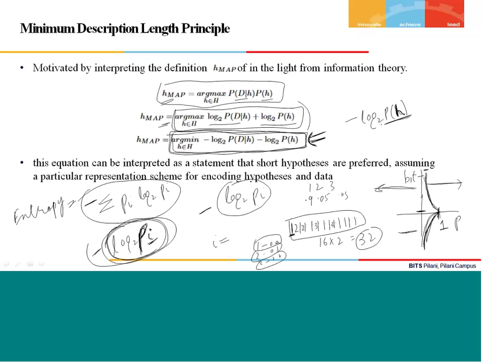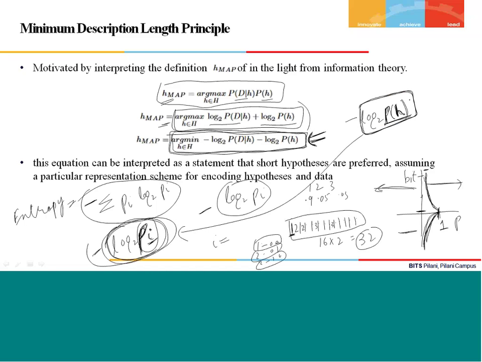And this expression is saying how many bits I should use to represent this hypothesis h. The more probable it is, the fewer bits I should use. If you relate this expression to the earlier one, the more probable it is, the fewer bits you want to use. So this hypothesis probability will tell you how many bits you should use to represent it.